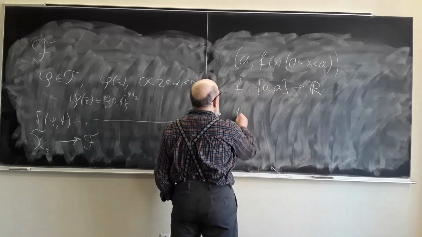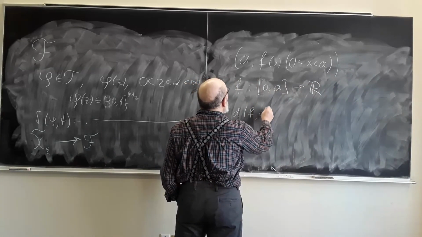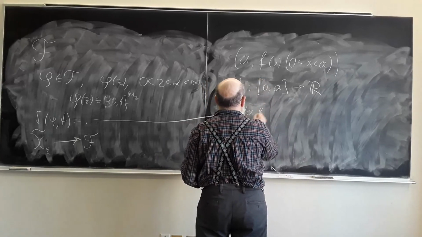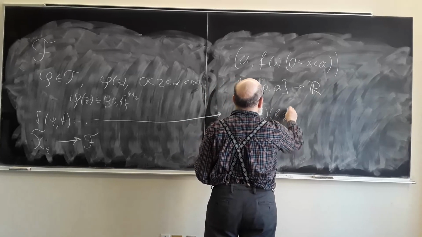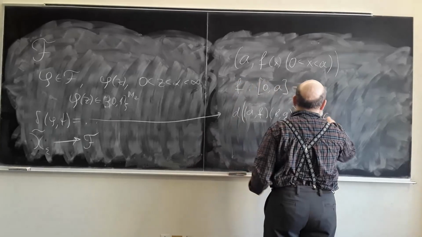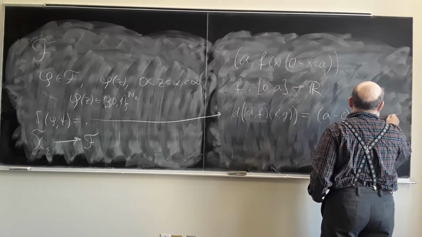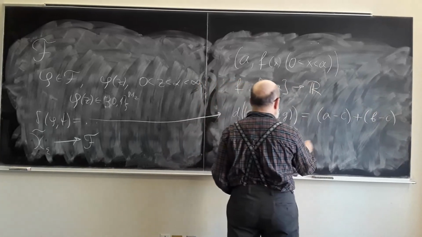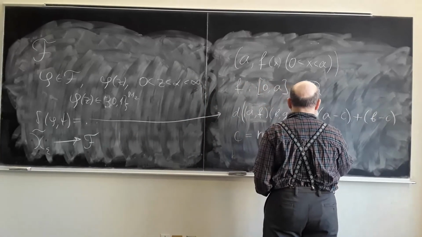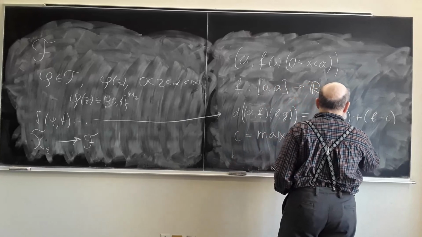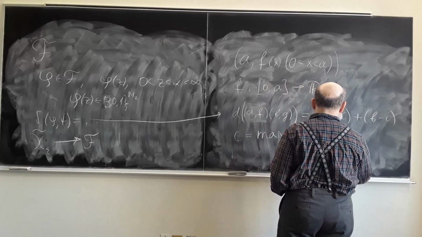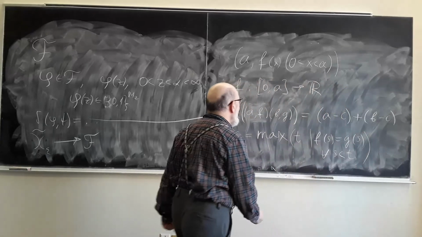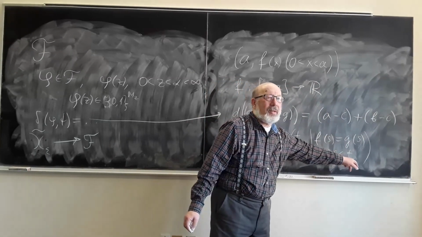And you write D of (A, F), (B, G) equals A minus C plus B minus C, where C is the maximum of T such that F of S equals G of S for all S less than T. So consider this difference.